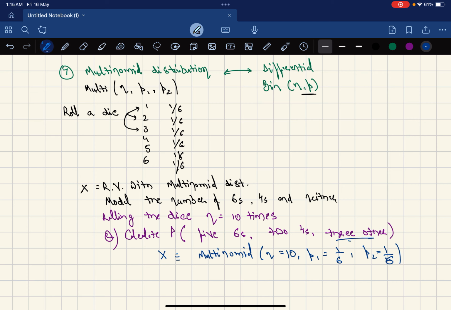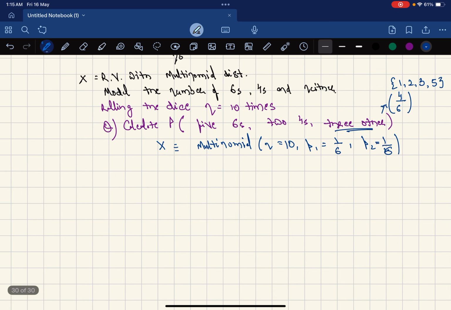Also there is another outcome, which is other outcome, and the probability of that would be 4/6, because since we are only looking at 2 outcomes there, the remaining ones, which are 1, 2, 3 and 5, the probability of getting one of these 4 would be 4 by 6, and therefore the probability of getting this third outcome is 4 by 6 for each of the n equal to 10 trials.